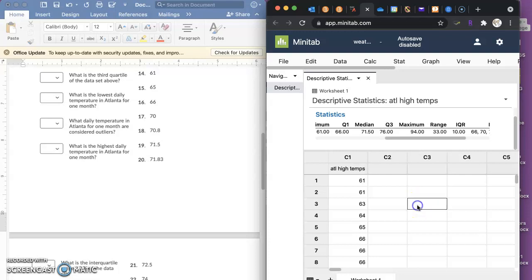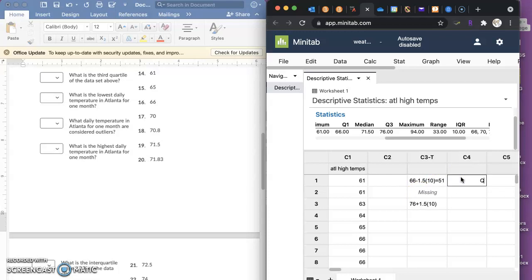There's also an upper outlier, and that is going to be quartile 3. So 76 plus 1.5 times 10. So you take quartile 3 plus 1.5 times the interquartile range. I'll put those down here for you.